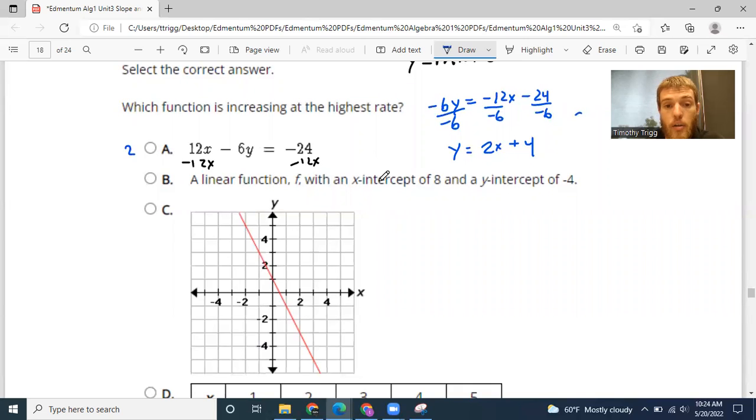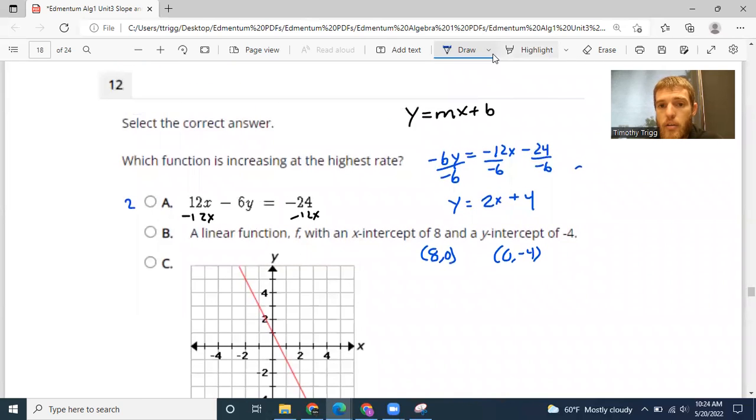answer choice B here. We have an x-intercept of 8, so that's (8, 0), and a y-intercept of negative 4, so that's (0, negative 4). And we can use the slope formula, subtracting the y-coordinates: negative 4 minus 0, and then 0 minus 8.